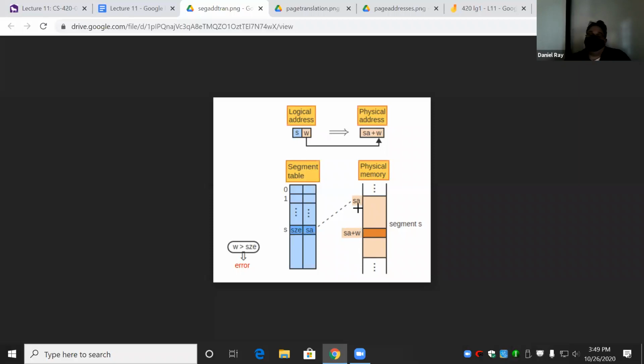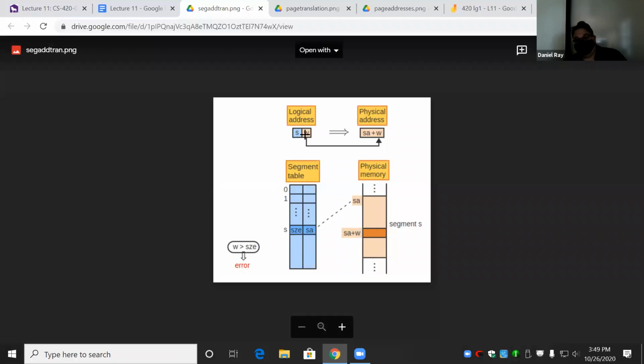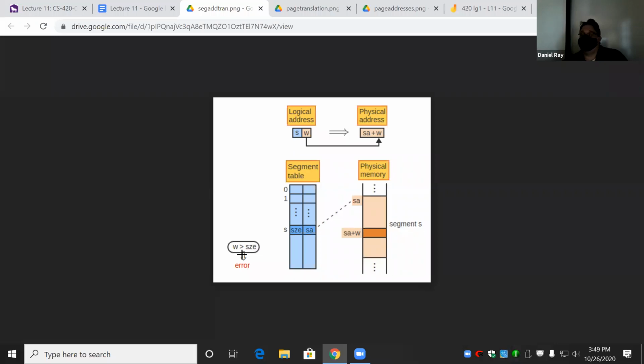But with segments, there's no predetermined fixed size. So before we let you access segment address plus your W offset, we check to make sure that W is not greater than size. If W is greater than size, then you're trying to access a word past the end of the segment you say you're accessing in, in which case we give you a segmentation fault, an error.